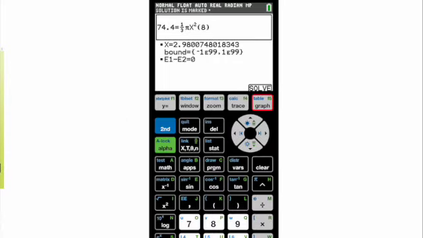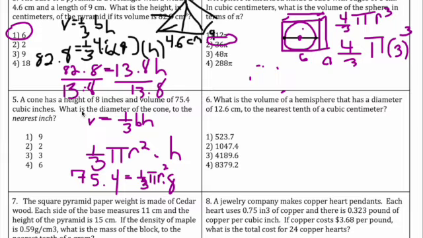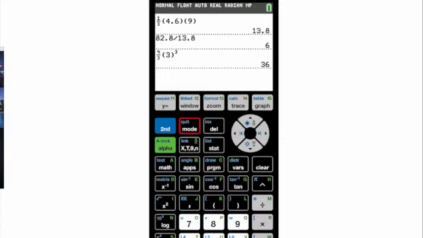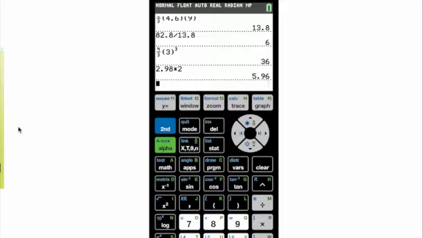And I have 2.980. So to find the diameter, okay, the radius is 2.980, so what I'm going to do is put 2.98 times 2, okay, 5.96.